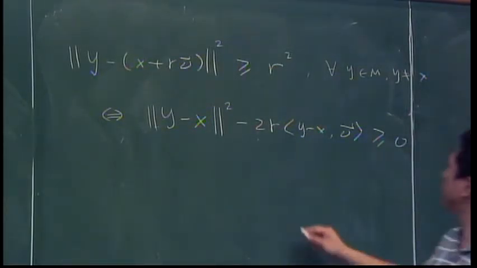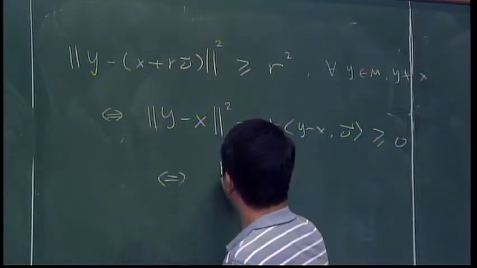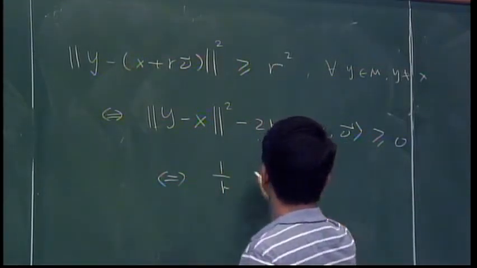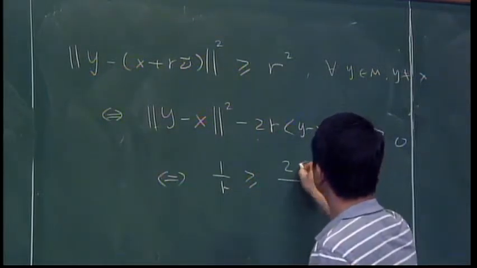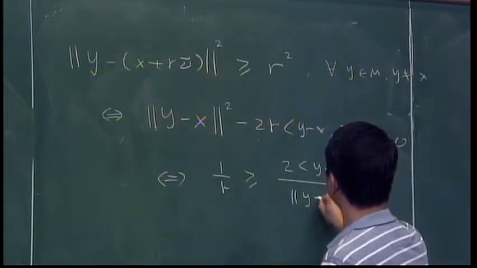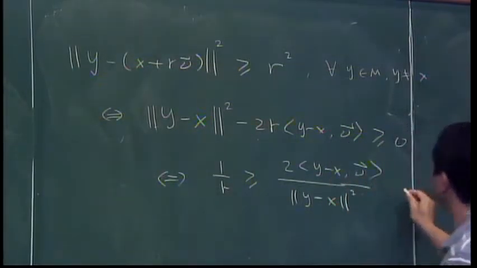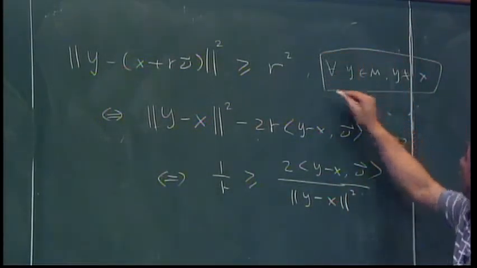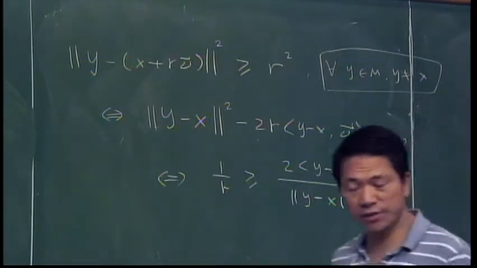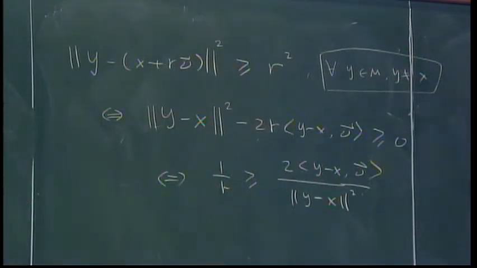So then you see that this is equivalent to 1 over R being bigger or equal to 2 times (y minus x) dot mu divided by the square of y minus x. This is for every y other than x. And then you see that the radius R is at least alpha divided by f, right?